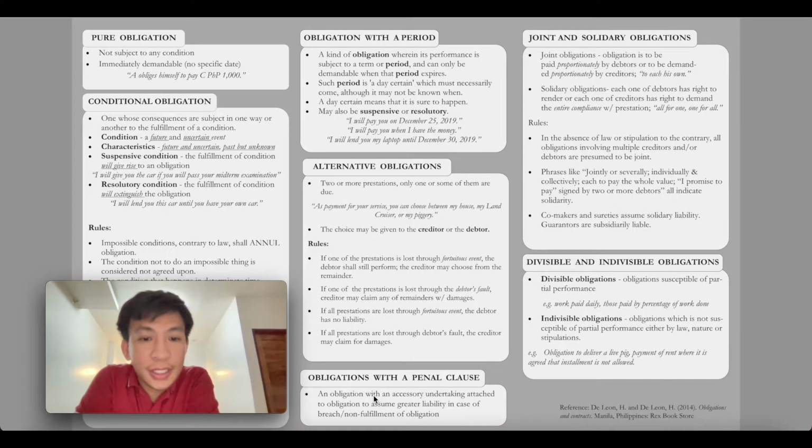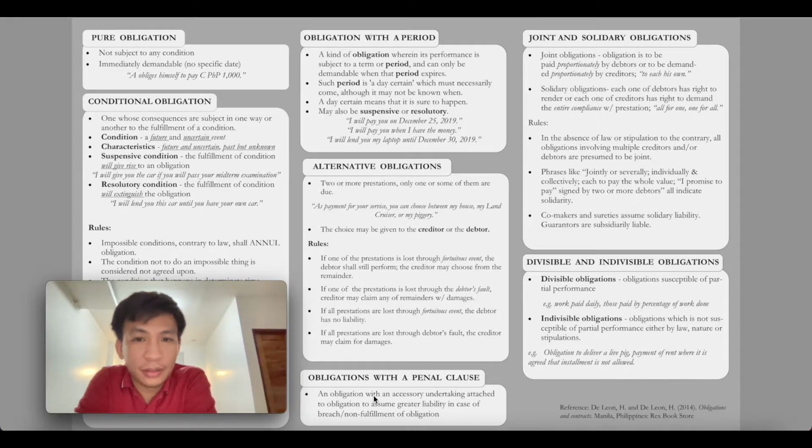Okay. Doon sa example natin kanina, only one of the prestations is lost through fortuitous event. In another instance, paano naman if all prestations are lost through fortuitous event? What will happen? So, kumbaga sabay-sabay nawala yung house, yung Land Cruiser, at yung piggery.